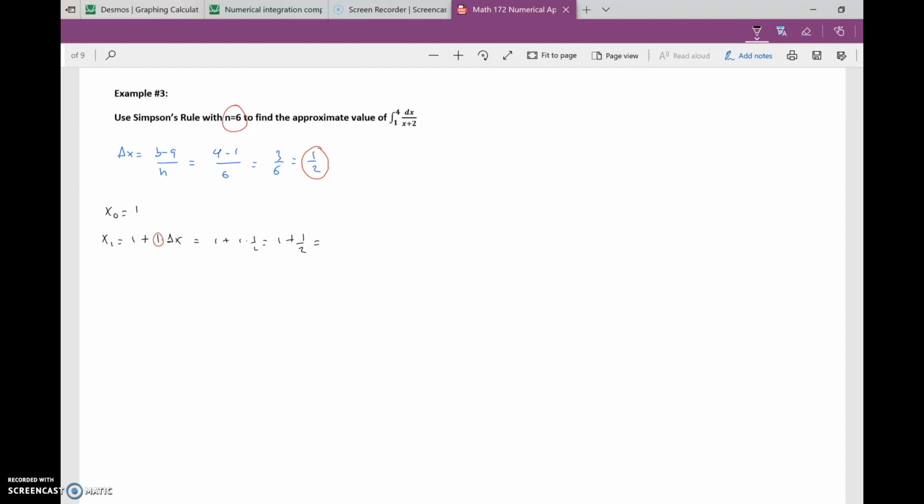So that's going to give us 3/2 or 1.5. The decimals, I don't think they're going to get that bad. So this is going to be 3/2 or 1.5. Okay, so that's our second value that we're going to be using.